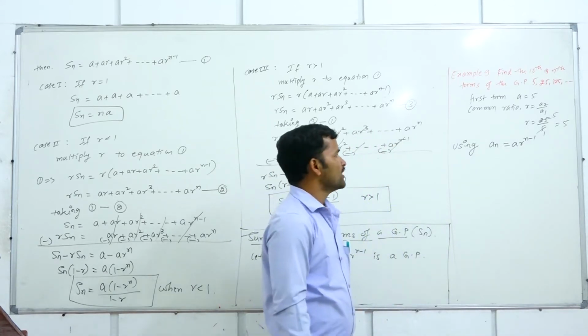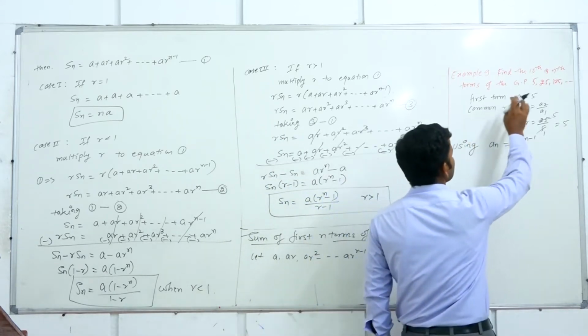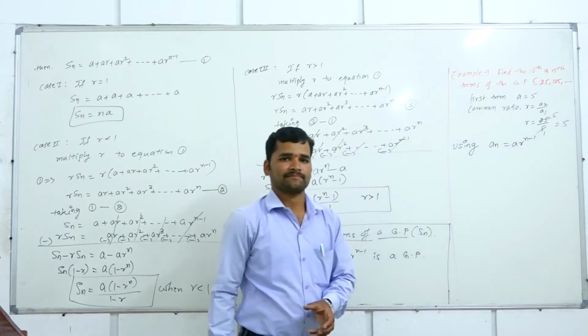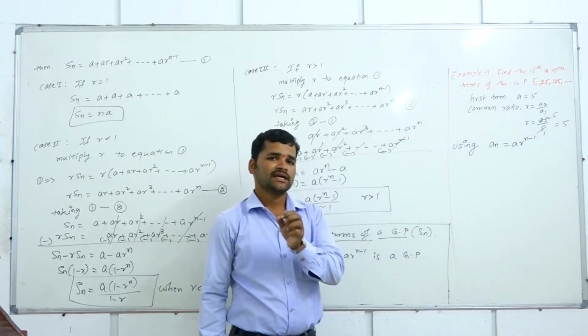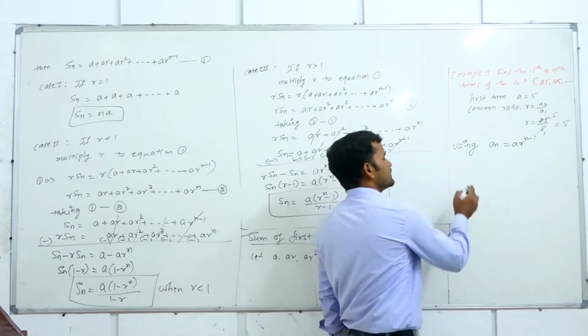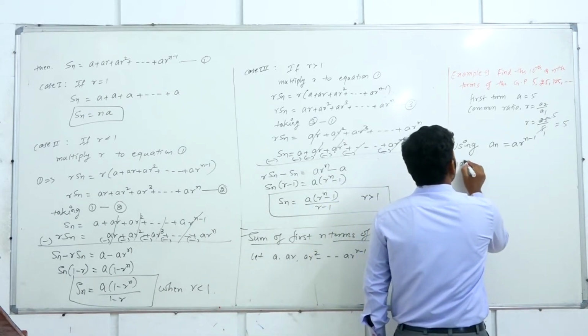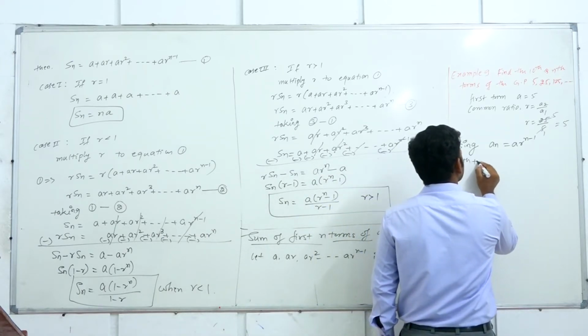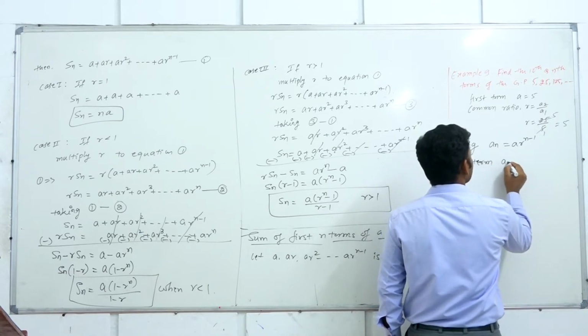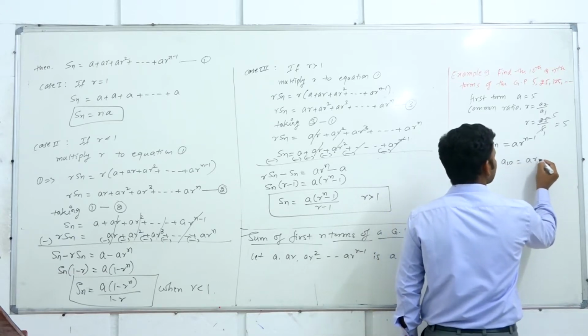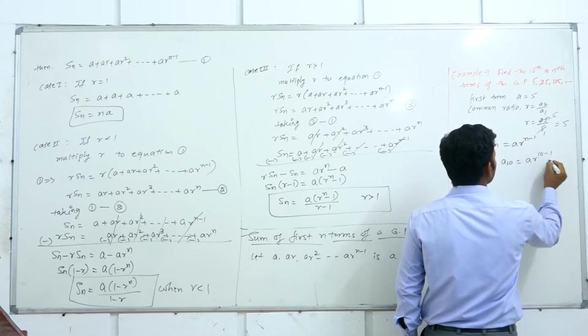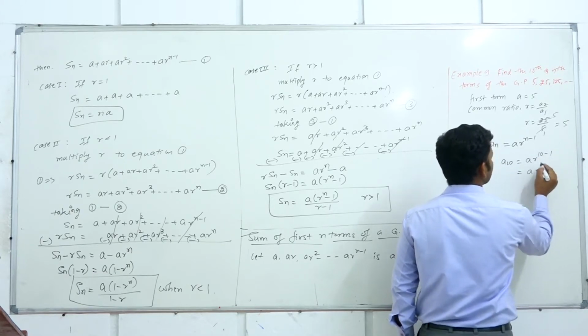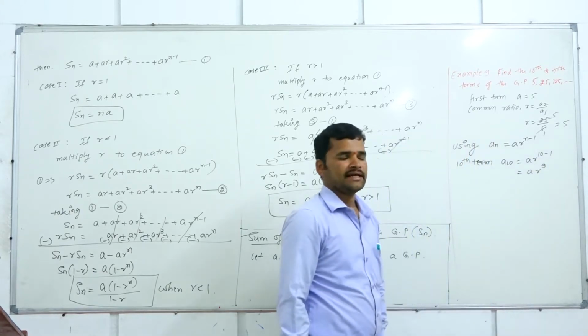Simple formula. What is our question? Our question is to find out the 10th term. 10th term means n is equal to 10 here. So a10 is equal to a into r to the power of 10 minus 1, nothing but a into r to the power of 9.